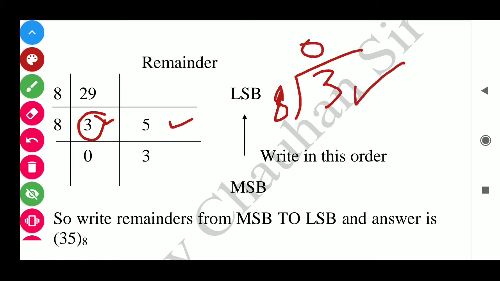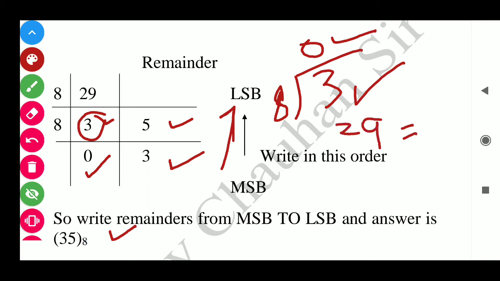Okay, so this quotient should be written here, and 3 should be written in the remainder part. And write your answer from MSB to LSB. So the answer is 3, 5, and the base is 8. So you can say now 29 is equivalent to 35 in octal. This is your answer.